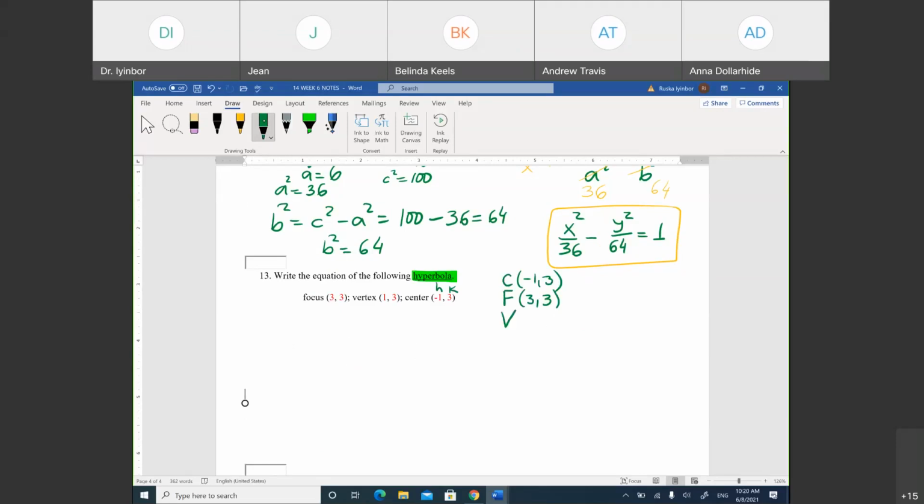So which one is changing, X or Y? X. X is changing, good job. X is changing, Y is the same. So the center is H and K and the major axis is X, right?